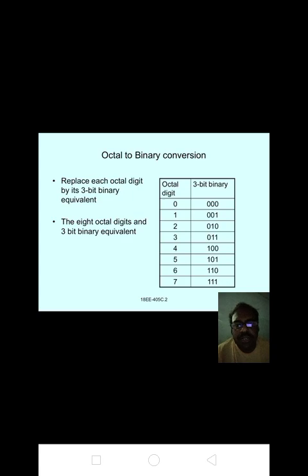The 8 octal digits and their 3-bit binary equivalents: octal digit 0 is converted into 3-bit binary 000, 1 is 001, 2 is 010, 3 is 011, 4 is 100, 5 is 101, 6 is 110, 7 is 111.